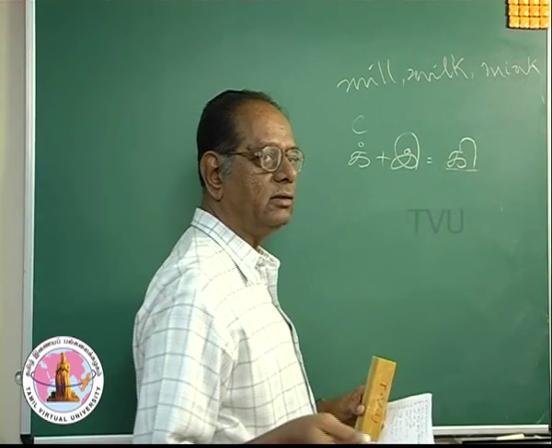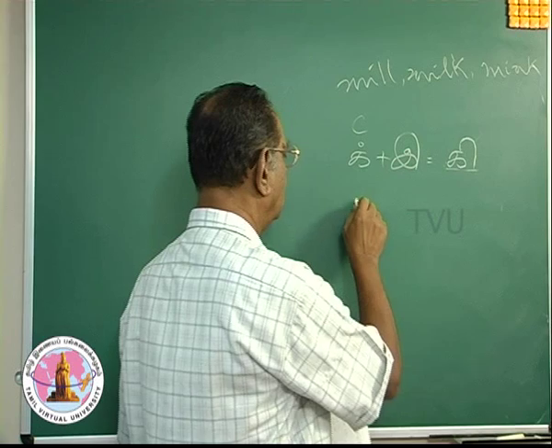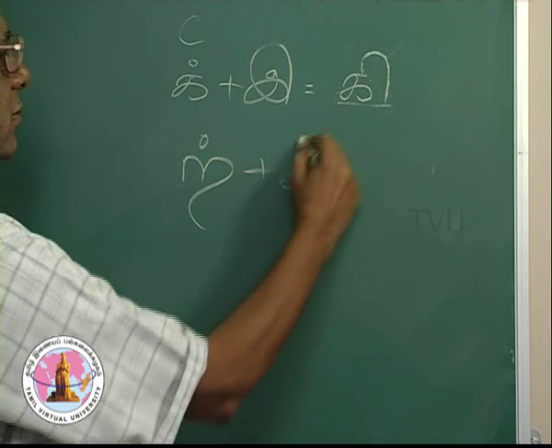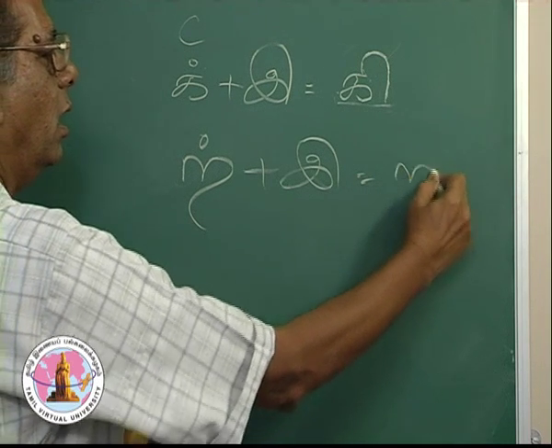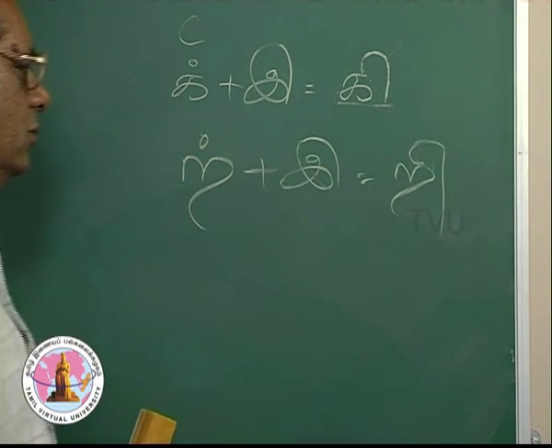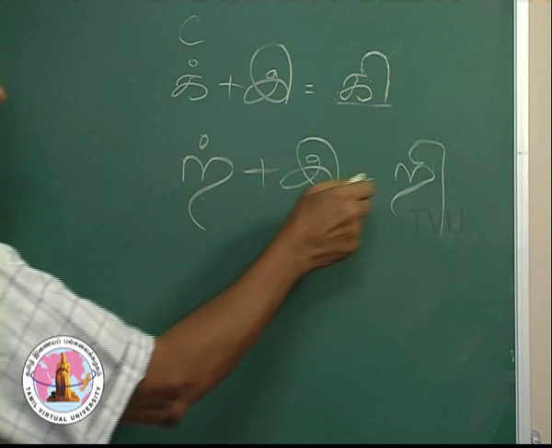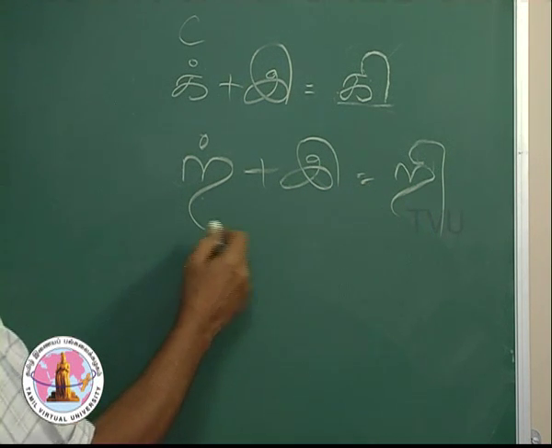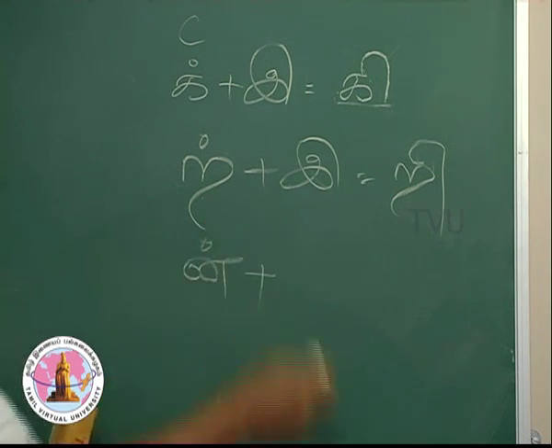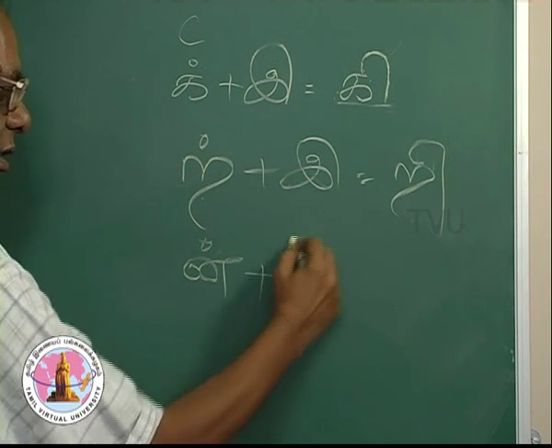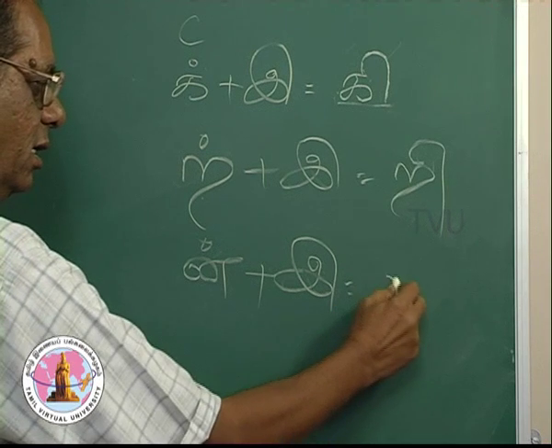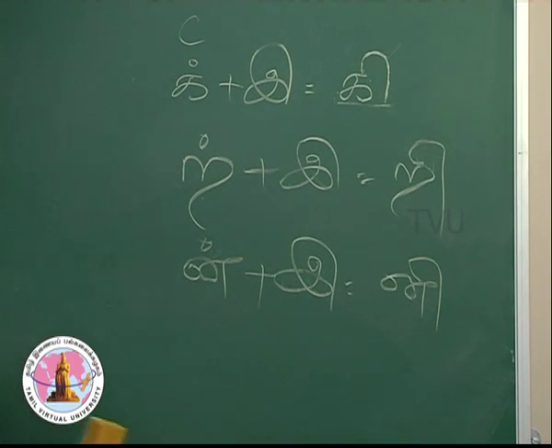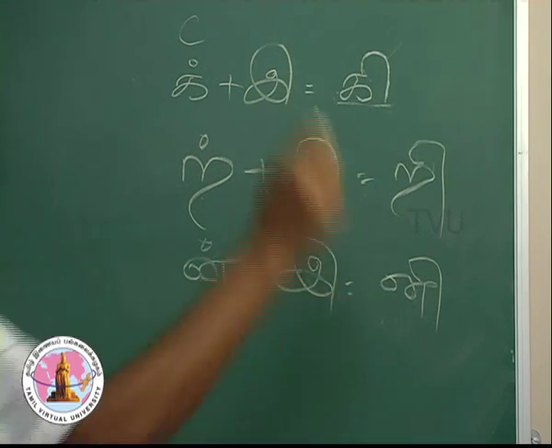Only two more letters are left and they will be ra plus e, ri. And the last letter, now with a dot above, and the vowel e, it becomes ni. It's ri and ni.